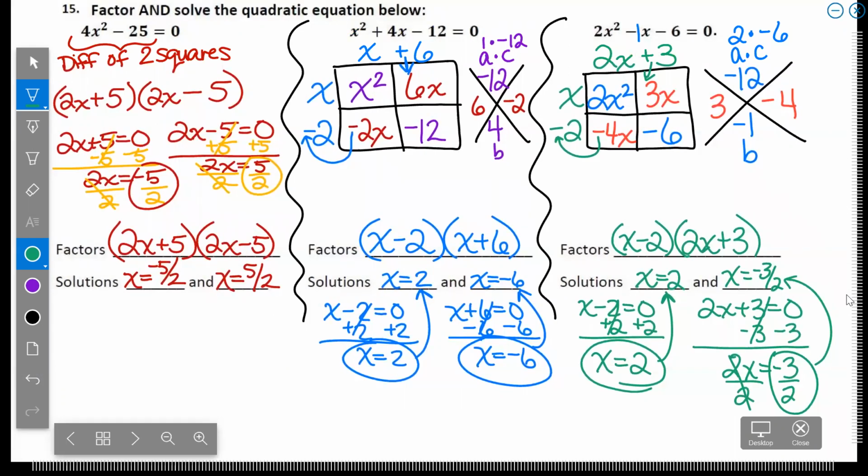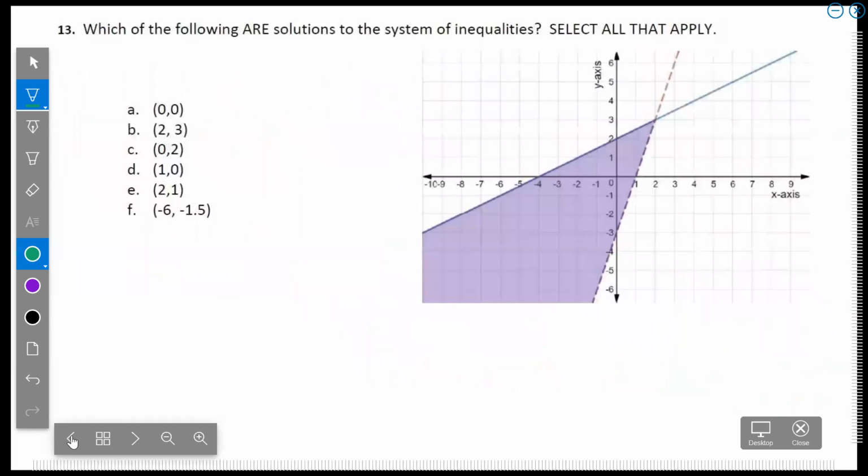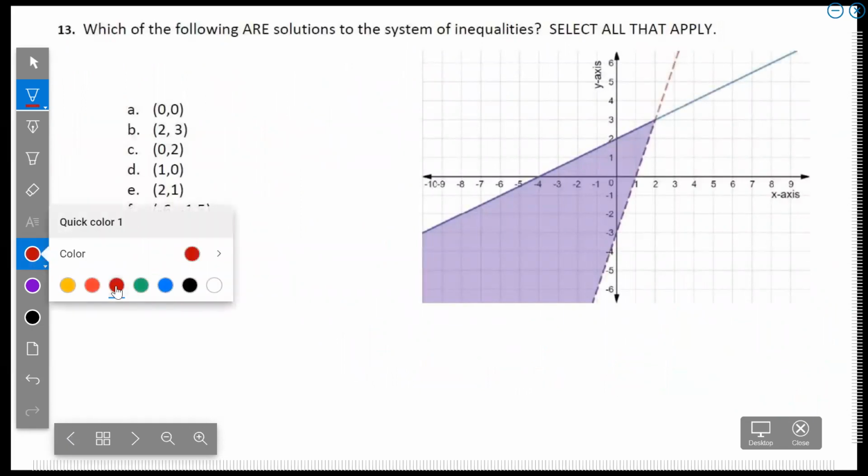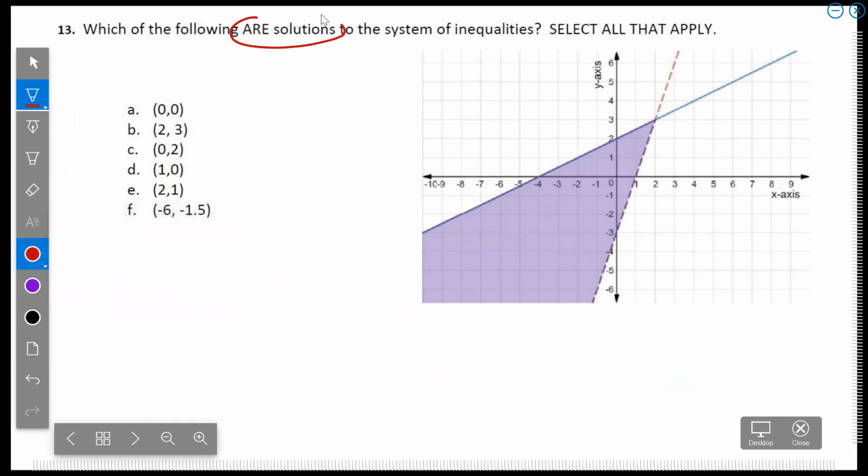All right, we've got about 3.5 minutes left, which is enough time for me to do one very, very short one, or I can give you guys a little bit of independent time right now. What would you prefer? Number 13, let me see if I have time to do that. Oh yeah, we definitely have time to do this. I want to know whether or not these are solutions.